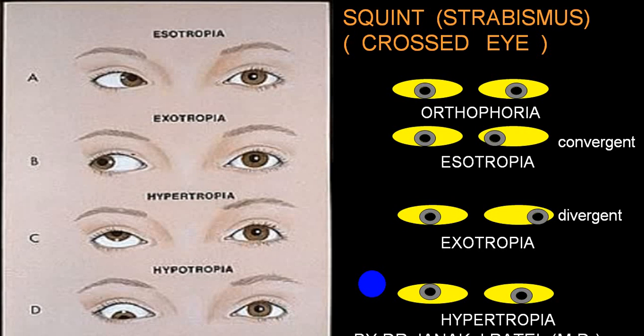So squint, strabismus or crossed eye. If the axes of the two eyeballs are not parallel, we use the word strabismus, or squint, or crossed eye.